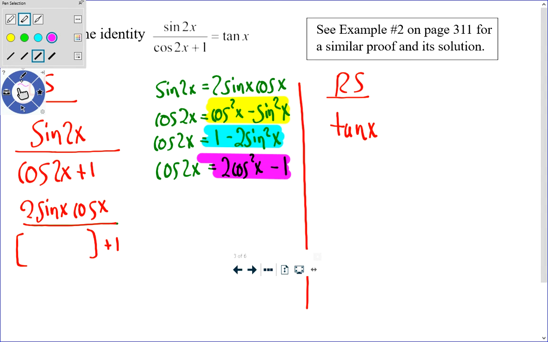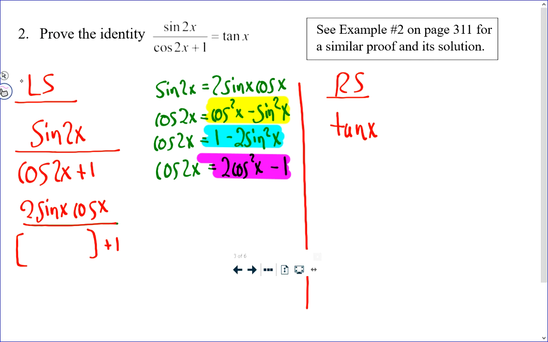Well, I won't bore you with showing all of the substitutions, but if I put cos squared x minus sine squared x down there, I'm going to have a mess. I'm going to have cos squared x minus sine squared x plus 1, and that doesn't really help me. It doesn't become simpler. Similarly, if I put 1 minus 2 sine squared in there, it would become more complicated. My goal is to try to simplify things.